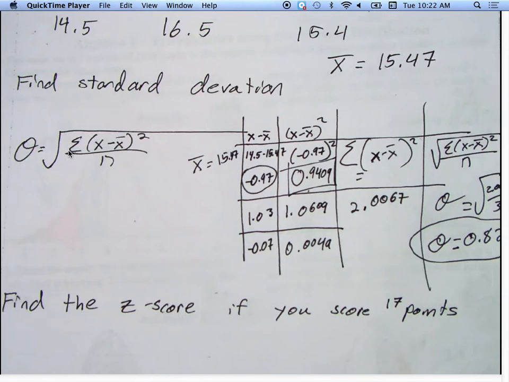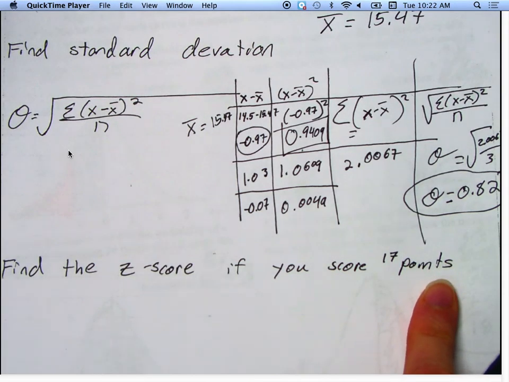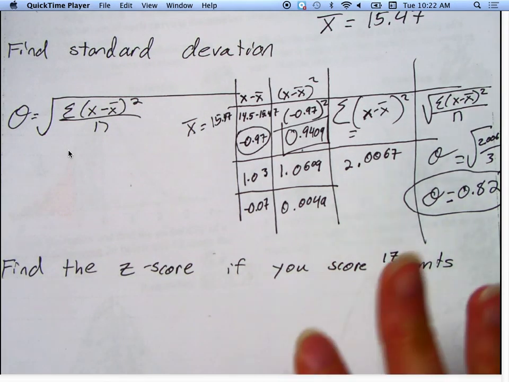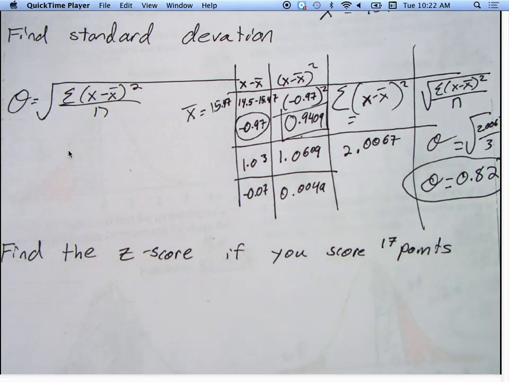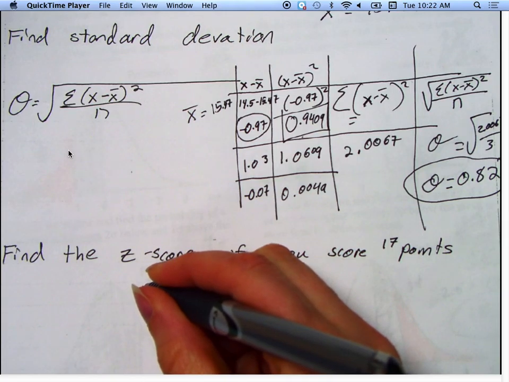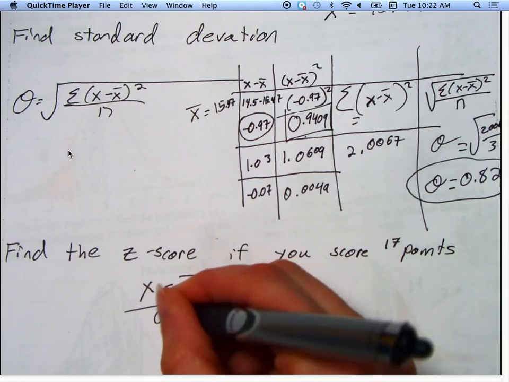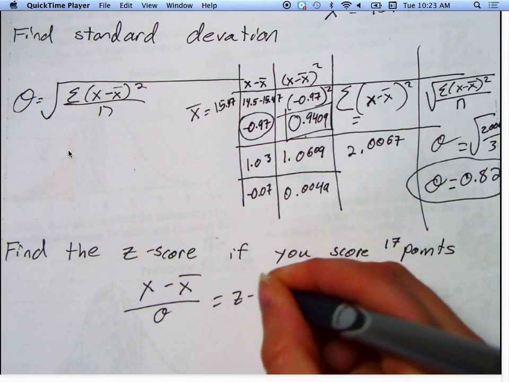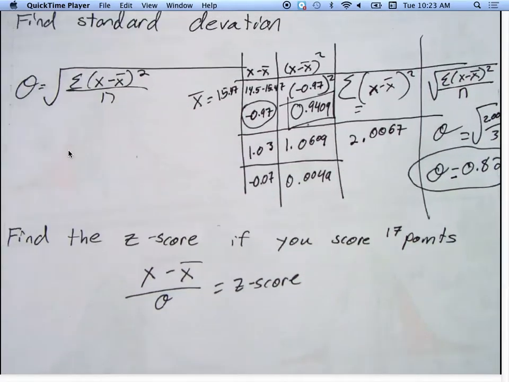Now, I want to find the z-score if you score 17 points. So, z-scores formula, who remembers what that is? Go ahead, Michelle. The actual value minus the mean equals the z-score. Okay, so let's find the z-score.